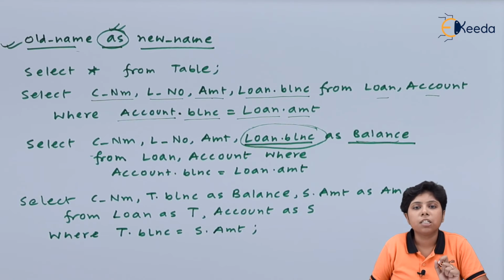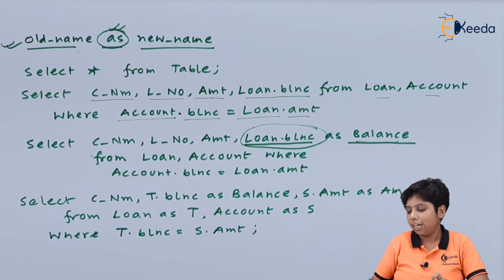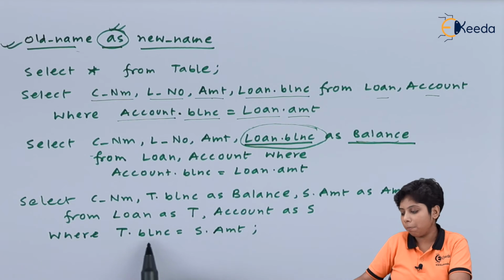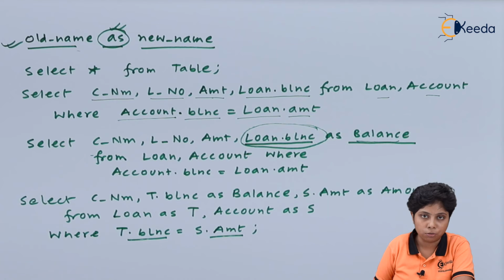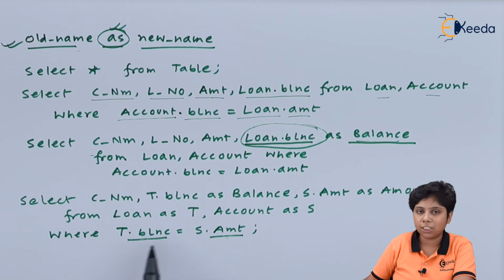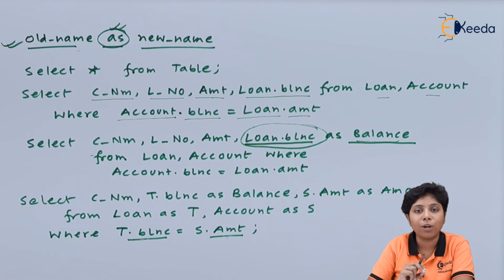Here we are dealing with the tuple. The tuple here is a record that is being matched with the loan amount and account balance. Whenever this matches, we are actually dealing with the records of that particular relation.